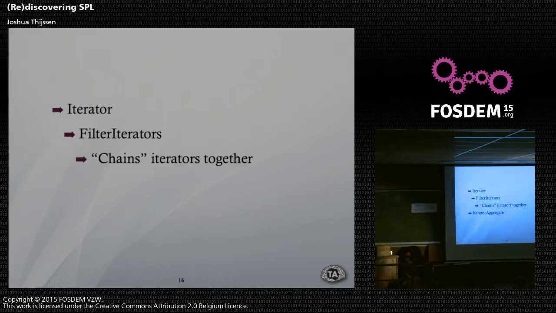Another type of iterator, which we're not going to use a lot right now, is called the iterator aggregate. An iterator aggregate is also an interface, but it isn't an iterator by itself; it can be used as an iterator because it knows how to get one. So if you want to iterate over an object that implements iterator aggregate, you're saying, okay, I want to iterate over this object.